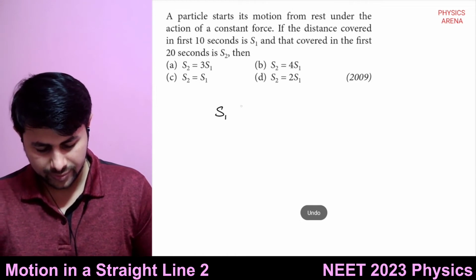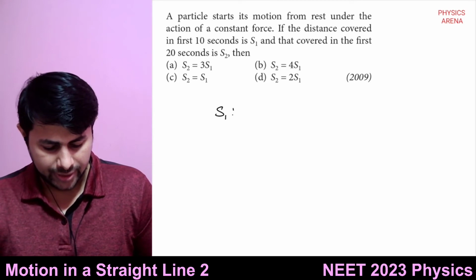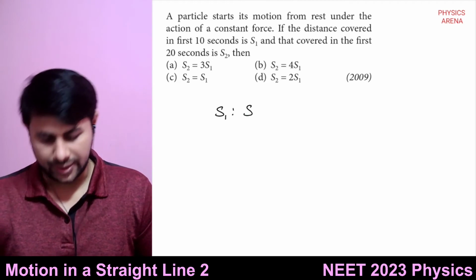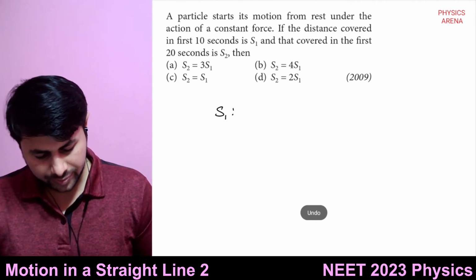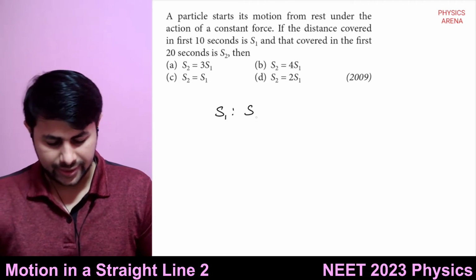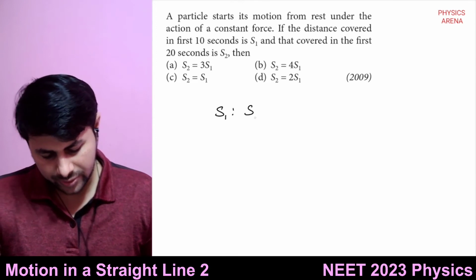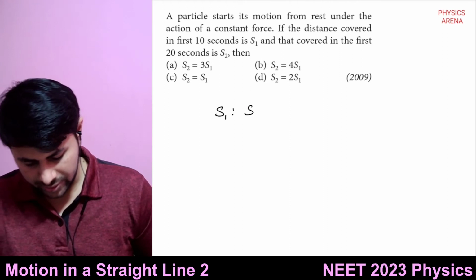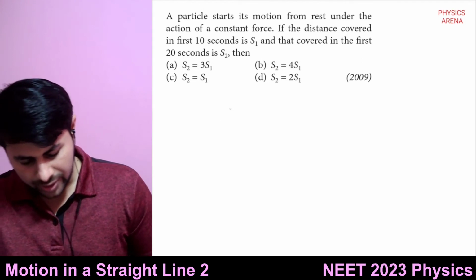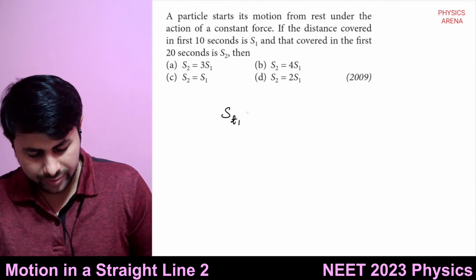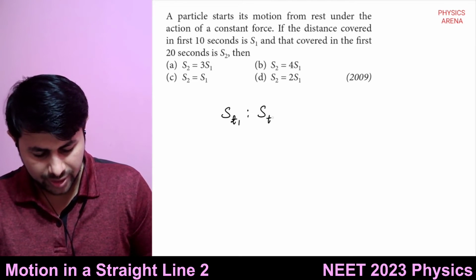So distance covered in first 10 seconds, S1, is to distance covered in next 10 seconds. Let's write it as S in time t1 is to S in time t2.